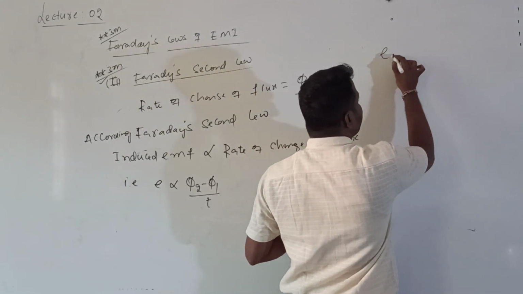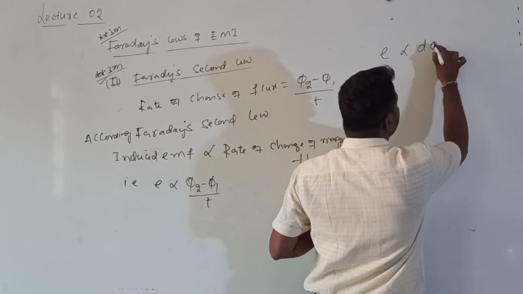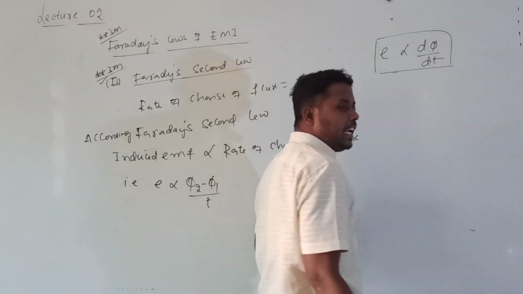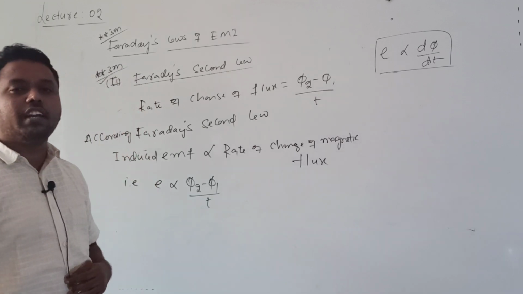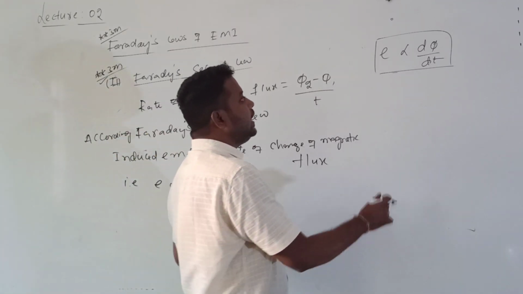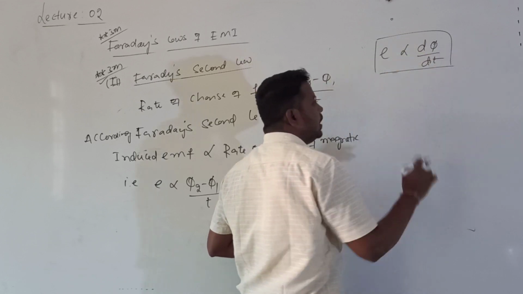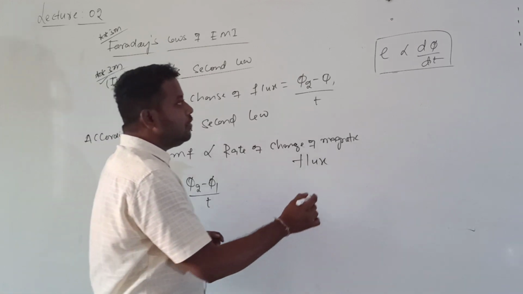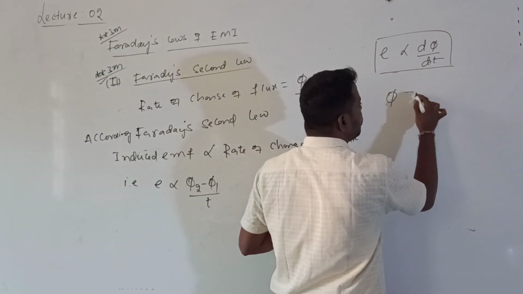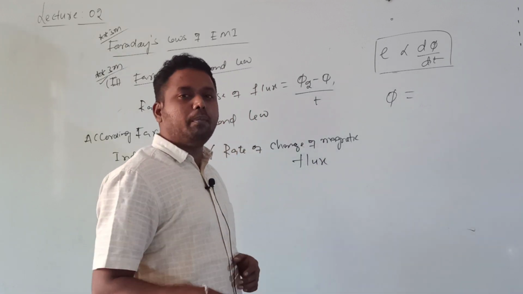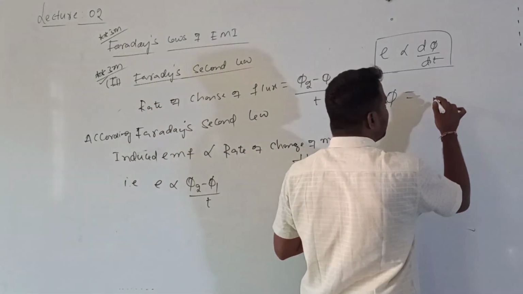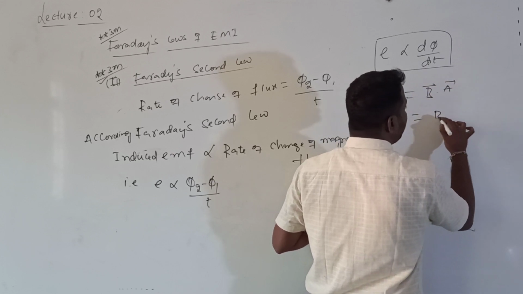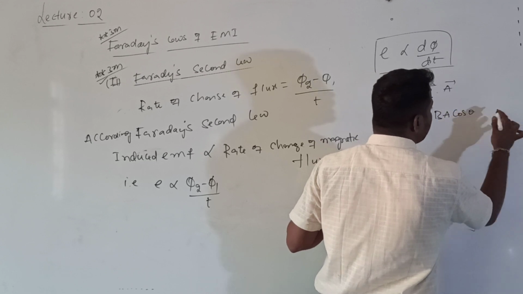Whenever the change in magnetic flux is small, we can also write d phi divided by dt. Whenever the small change in the magnetic flux is d phi, I can also write E directly proportional to d phi divided by dt. If there is only one turn, what is the definition of magnetic flux? B dot A, which is given by B into A into cos theta.